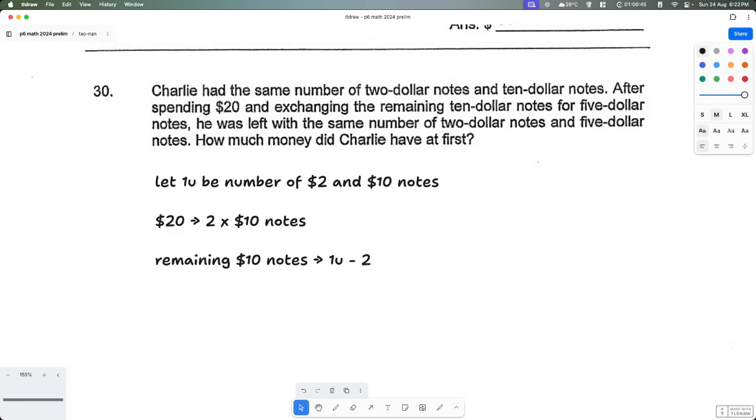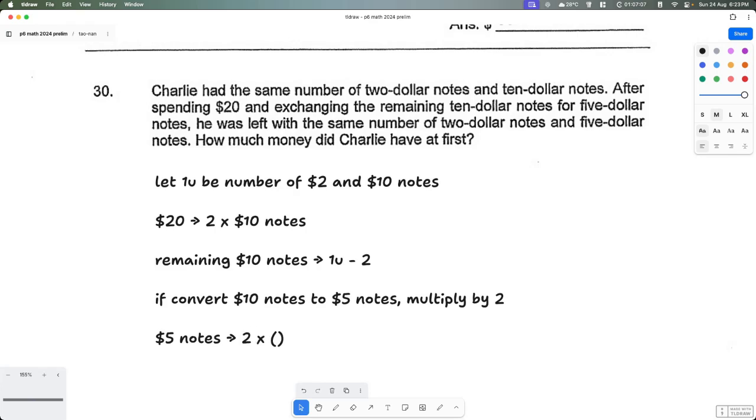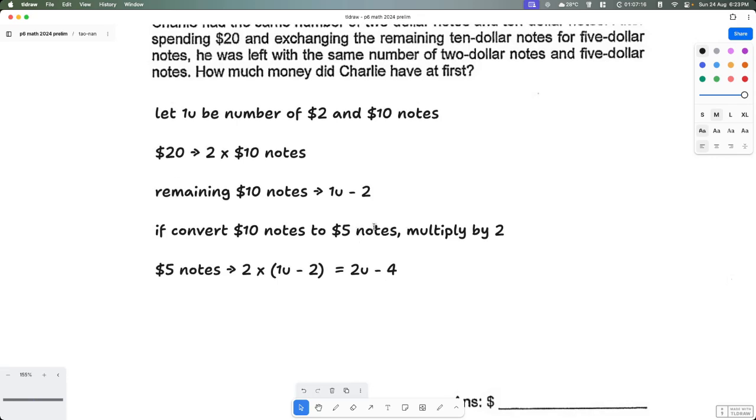Then at the same time, if we convert $10 notes to $5 notes, that means you need to multiply by 2. So that means $5 notes is equal to 2 times bracket 1 unit minus 2, which is equal to 2 units minus 4.